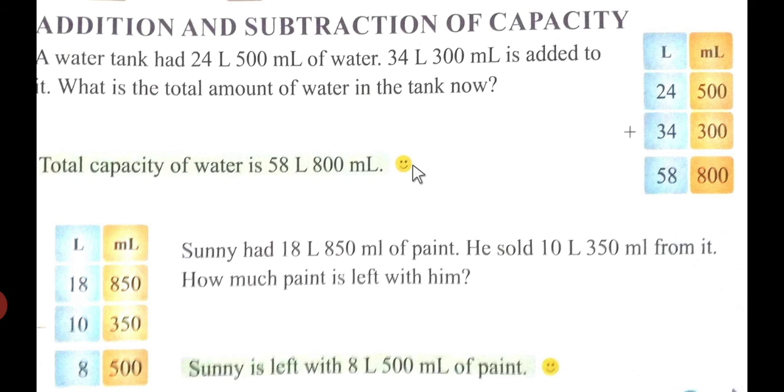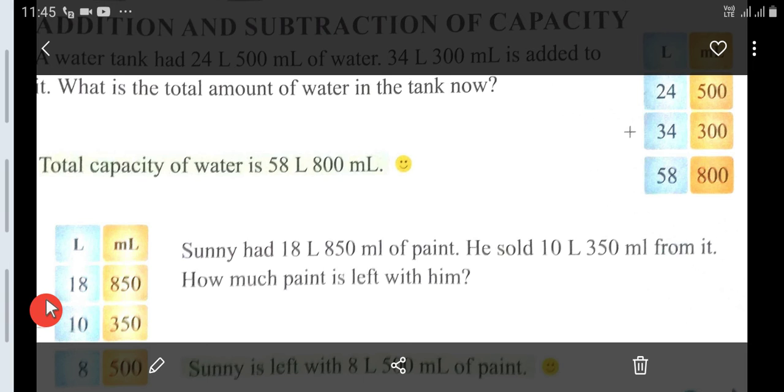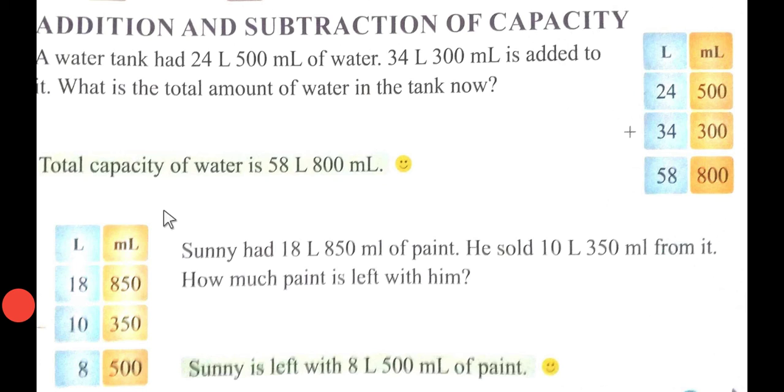Always remember, let's see one more time. A water tank had 24 liter, 500 milliliter of water. 34 liter, 300 milliliter is added to it. What is the total amount of water in the tank now?